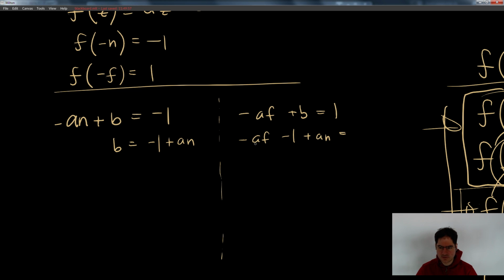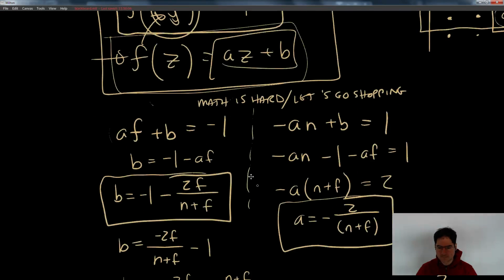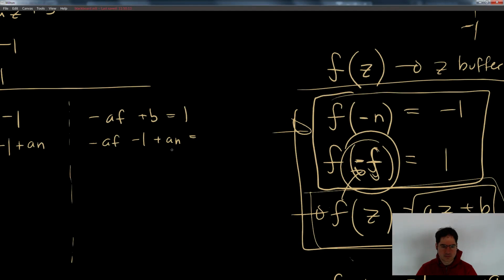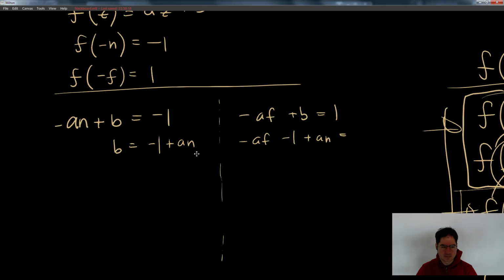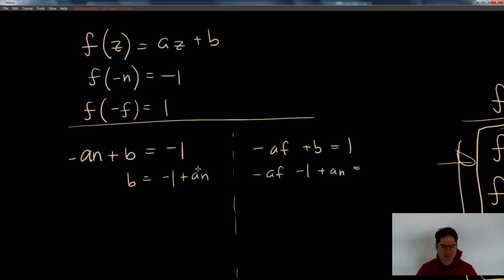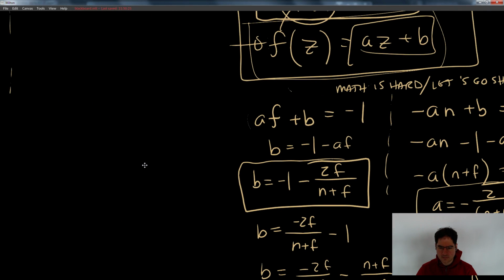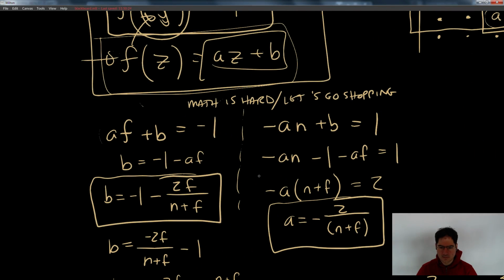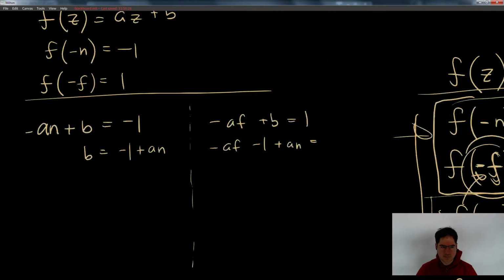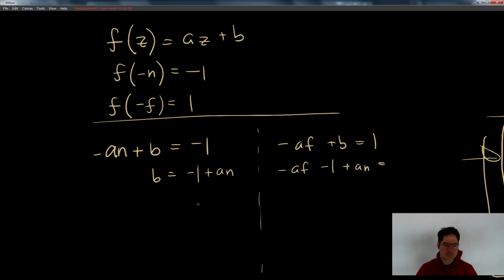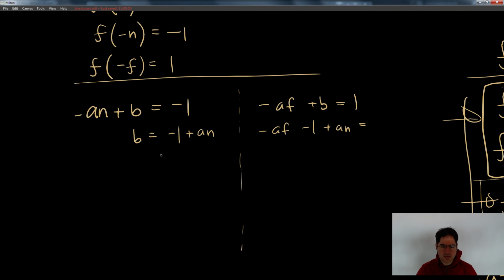And negative af this time, whereas before both were negative, right? Yeah. So I think that's probably the only difference.